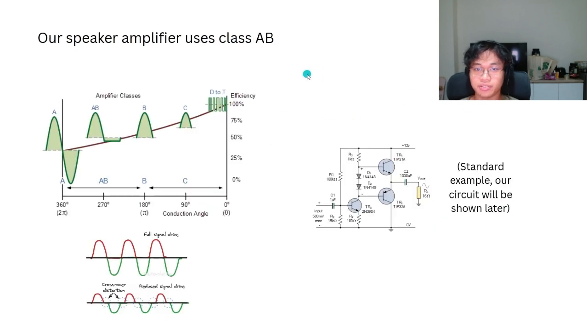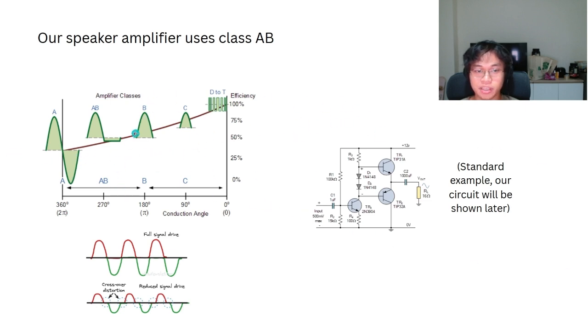And why did we choose a class AB amplifier for our actual amplifier circuit? Well, most speakers use AB. You might know that the class A amplifier has just one transistor and it just keeps it on and has to amplify it consistently, and it's just not efficient.